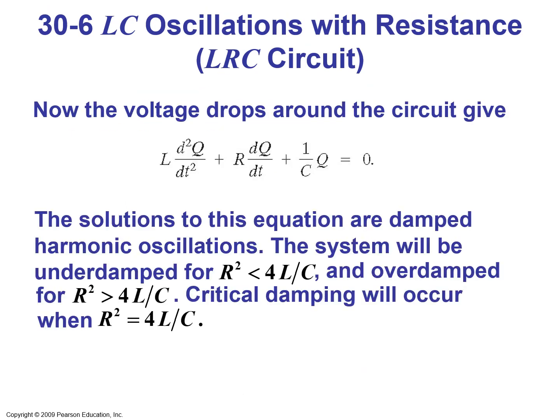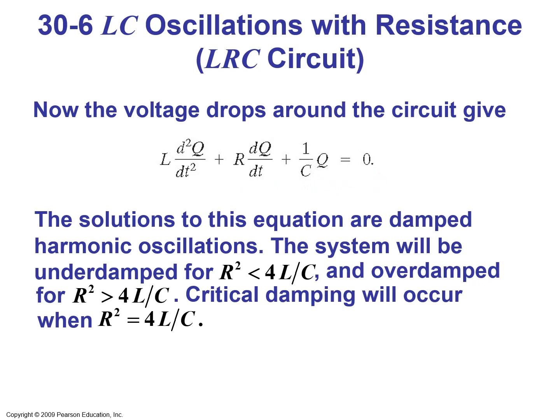Now that we have the voltage drop around the resistor, the total voltage drop around the circuit will be L times the second derivative of charge with respect to time in the inductor plus RI, which is Ohm's law, and instead of I we can say dq over dt, plus Q over C, that's the charge stored in the capacitor, and the total is equal to 0.